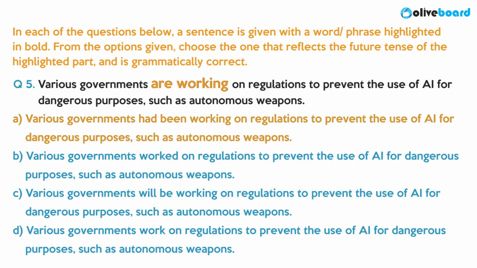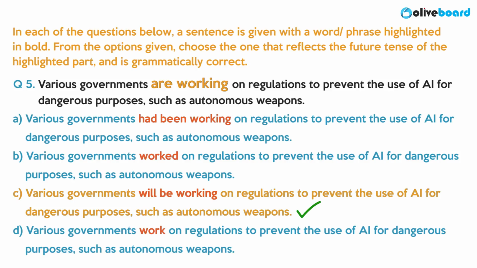Option A is incorrect, as had been working is in past perfect continuous tense. Option B is incorrect, as worked is in the simple past tense. Option D is incorrect, as the verb work is in simple present tense. However, option C is the right answer, as will be working is in future continuous tense.